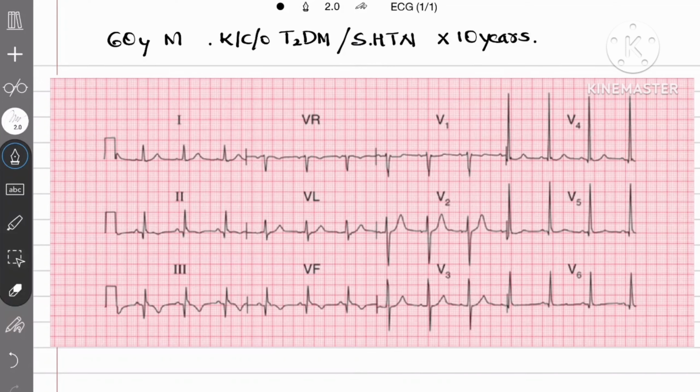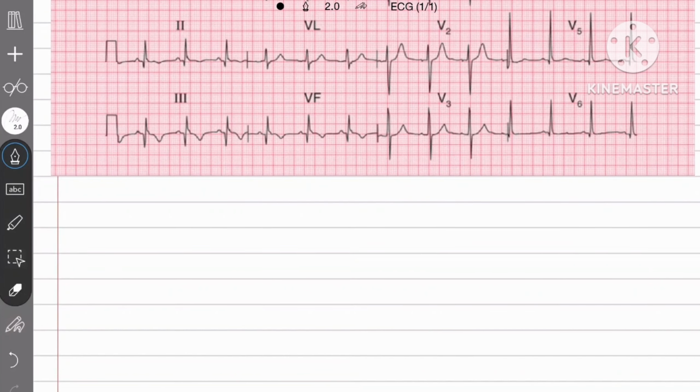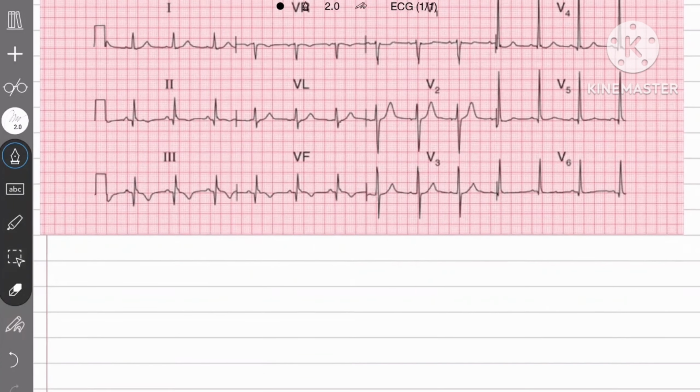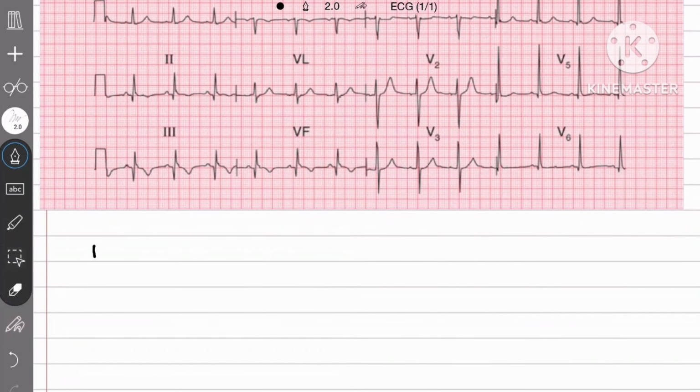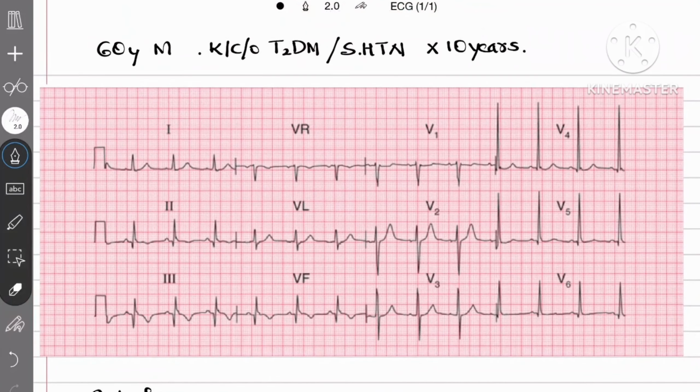So let's start commenting on the ECG. First, we should start with the rate of the ECG. We can easily comment on the rate if it is a regular interval.